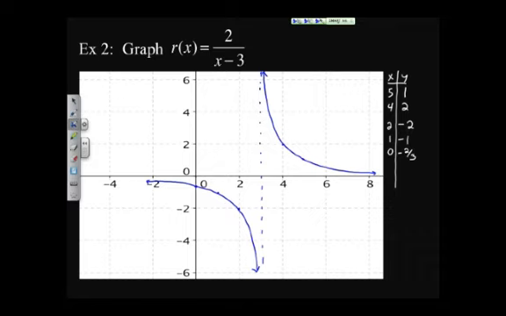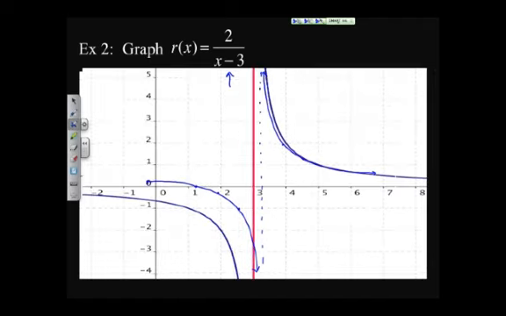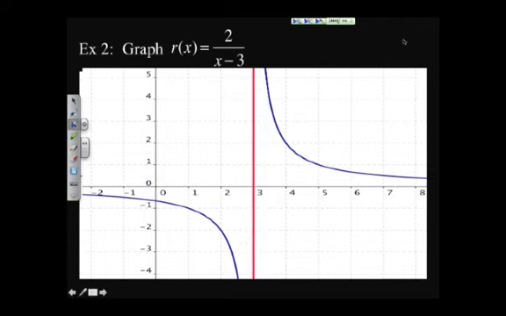And that should make sense because if you think about what's happening to the x, you're subtracting 3, so that moves the graph to the right 3 units. You can see the graph there, scale's changed a little bit, but vertical asymptote at 3, and then the curves going as we had them drawn.